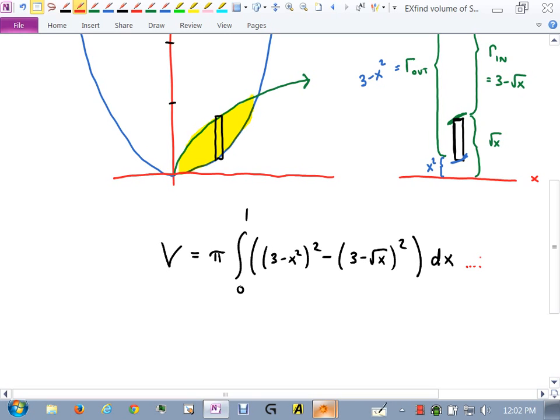Now rotate it around y equals 5. Set up but don't evaluate. Now rotate around the y-axis. Set up but don't evaluate. Now rotate around x equals something instead of y equals something. So I give you one region and have you rotate it in every possible scenario of rotation.